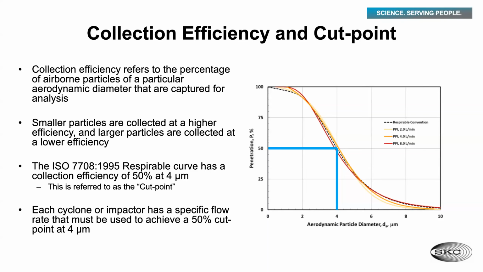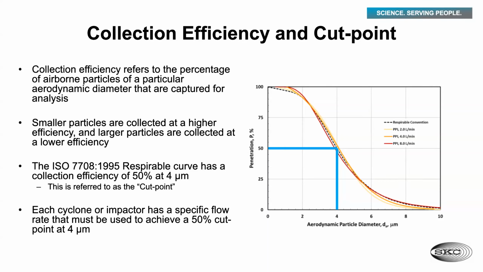As we look down this graph, we see that at 50%, we have a 4 micron size. That means that of the particles that make their way through either the cyclone or the impactor, 50% of the particles at 4 microns are collected. If we go up the scale to 75%, about 3 microns or less are going to be collected on that filter.